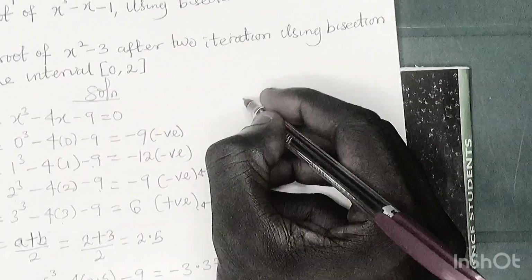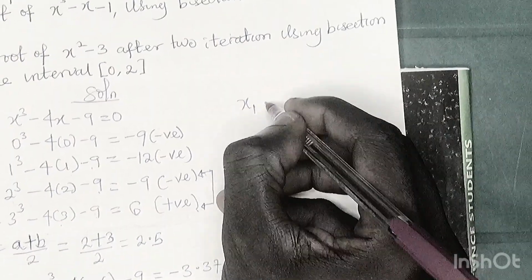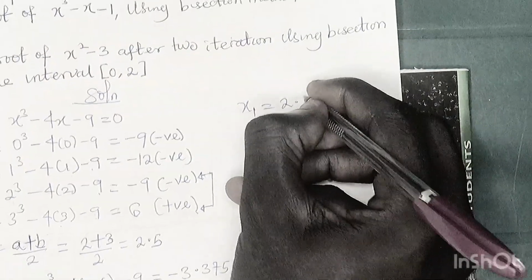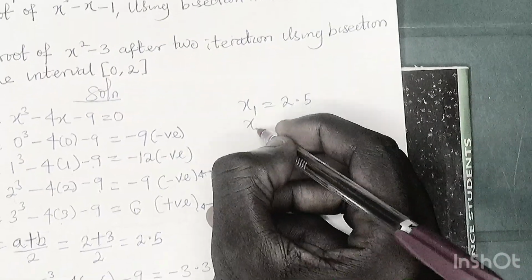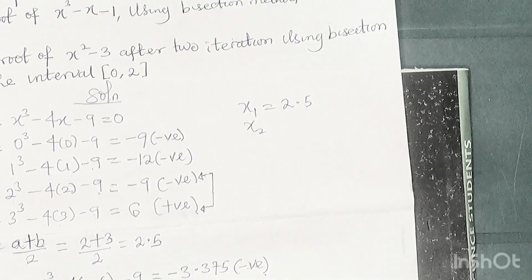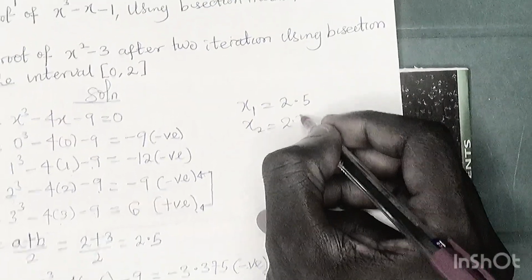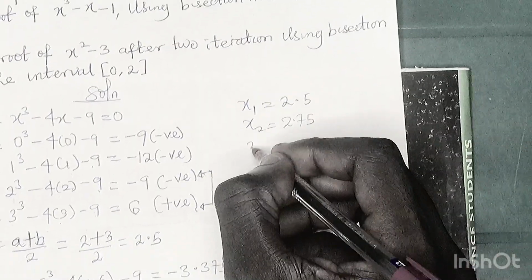2.6875. So that means in this place, our first iteration, our x1, what's our x1? Our x1 is 2.5, and our x2, our second iteration, what do we get? That's 2.75. Our x3, what do we get for our x3?